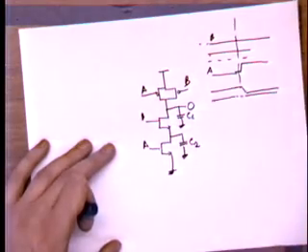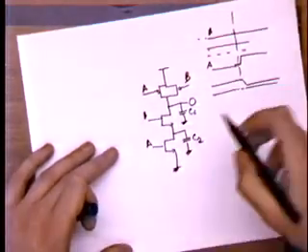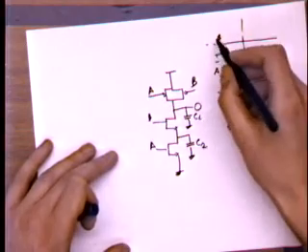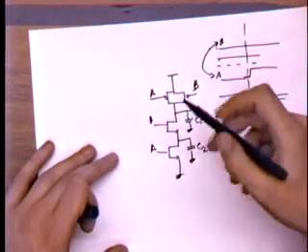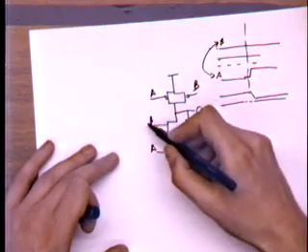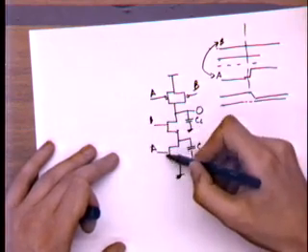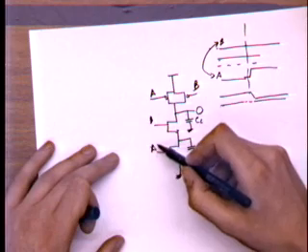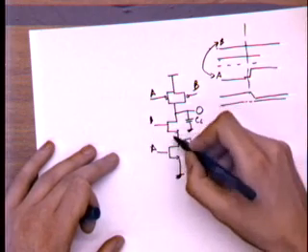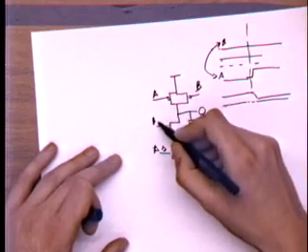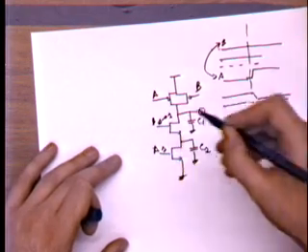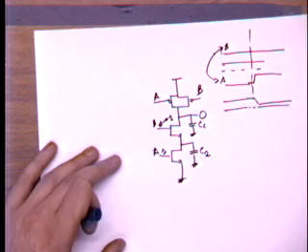So now let's look at another circumstance where we reverse the role of A and B, okay? So in this other case, A was high, and it stays high. So this transistor is always on, this node is always at 1. And this node was at 0, and it goes to 1. Okay?